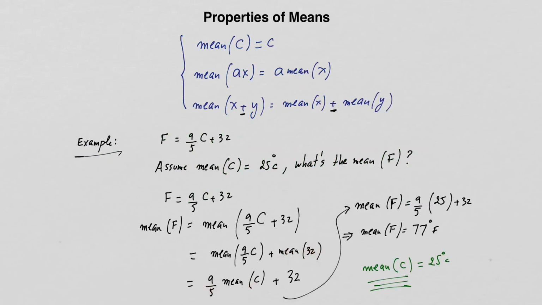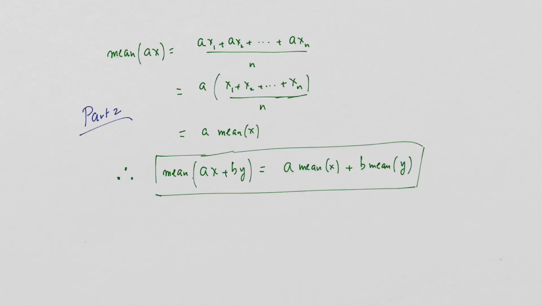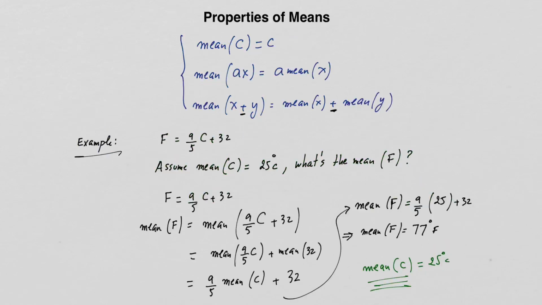And we know the mean of a constant is the constant from here. And now I see the mean of C. Now I have the right to replace it by 25. I shouldn't do it too early. A lot of kids just say, okay, 9/5 times 25 plus 32. You're going to mess up. Slow down. If you don't see this by itself, you have no right to call it 25.